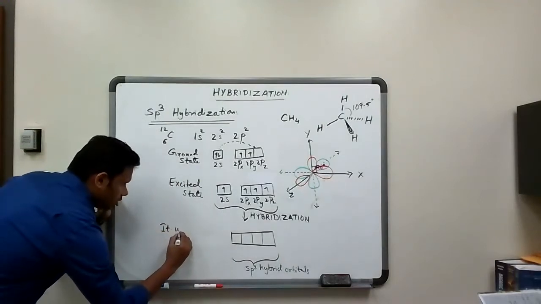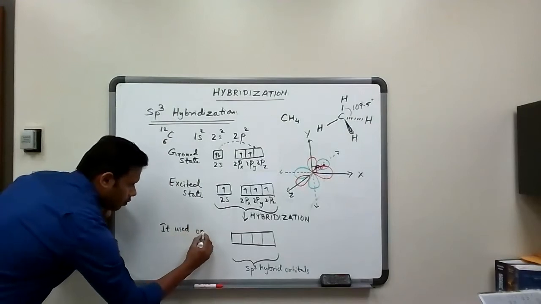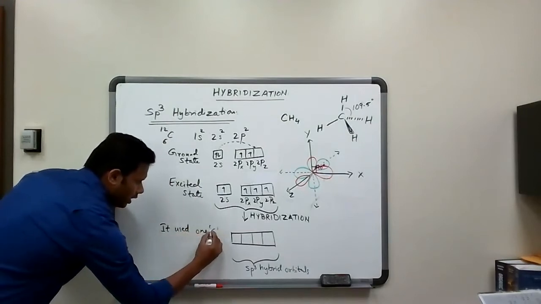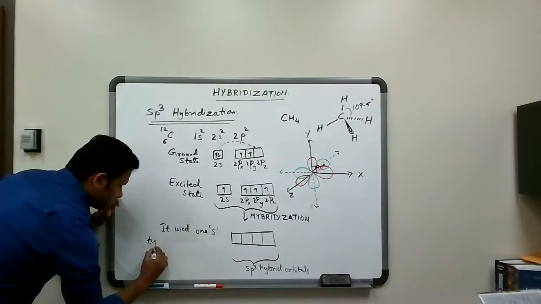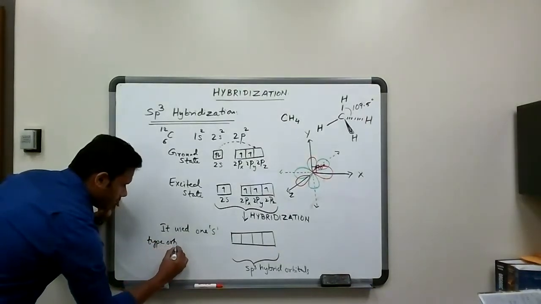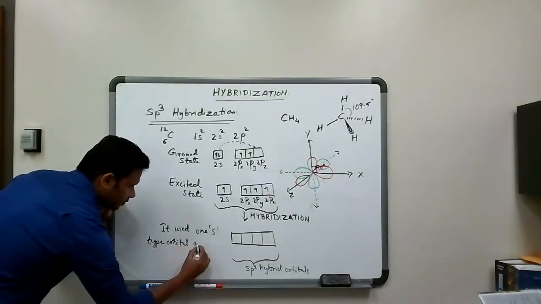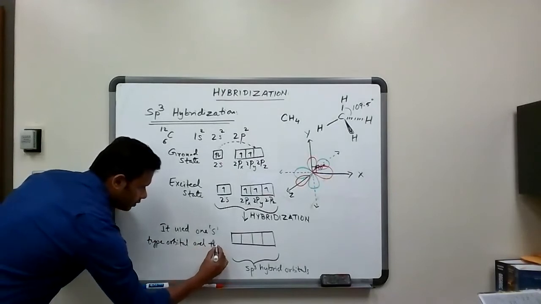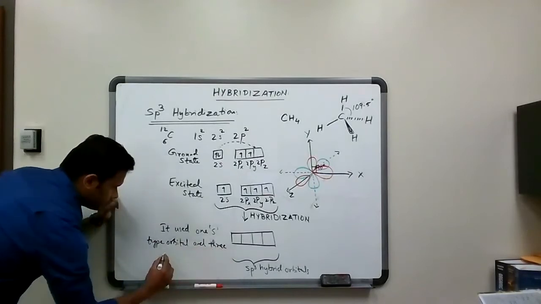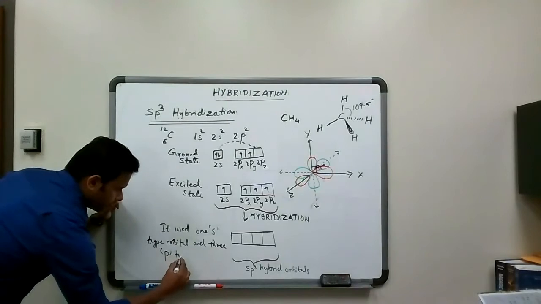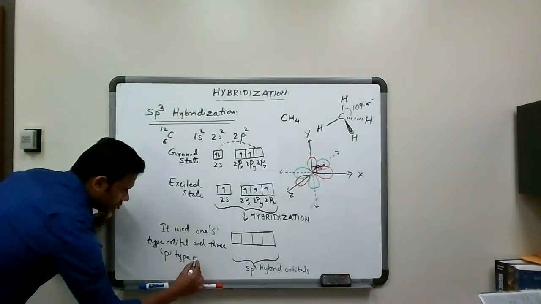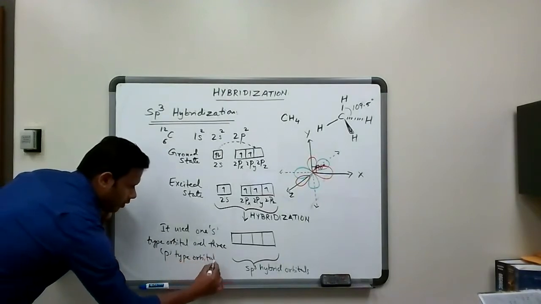it used one s-type orbital and 3 p-type orbitals.